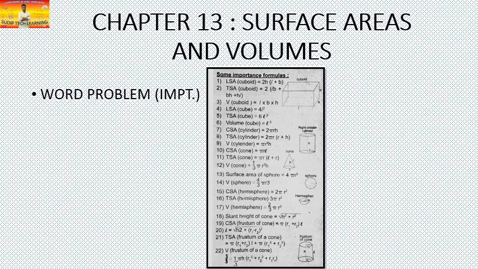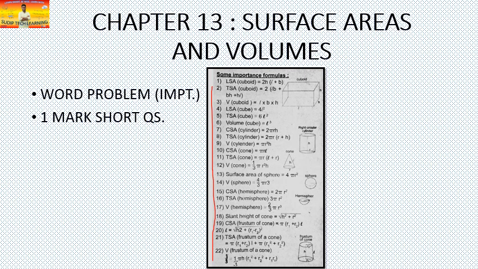So that even if you cannot find the final answer, at least you write the formula and you can get marks for writing it. But which one should you write? For that you have to interpret the word problem. Read the word problem carefully, try to understand it, try to see the shape if a diagram is given, and you can easily solve the question afterwards.